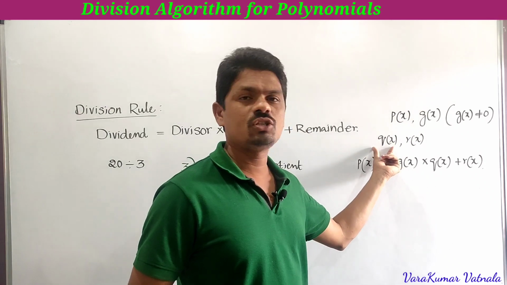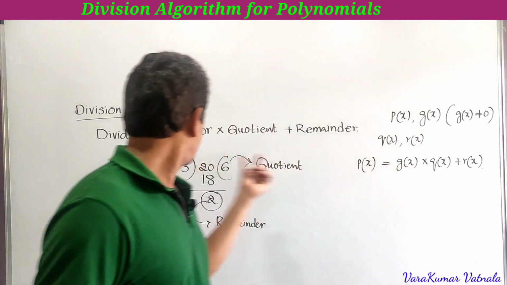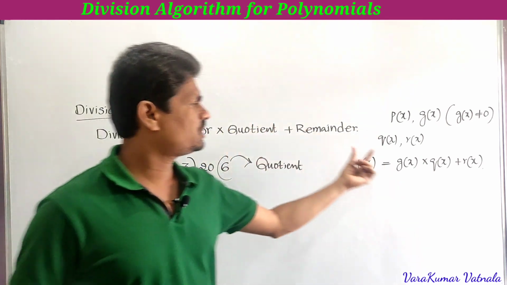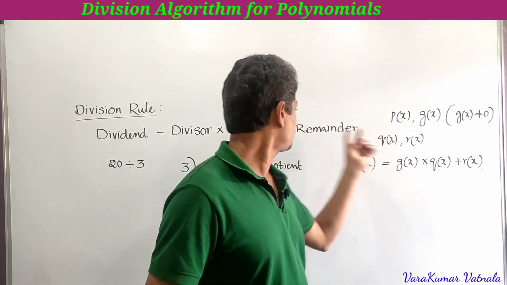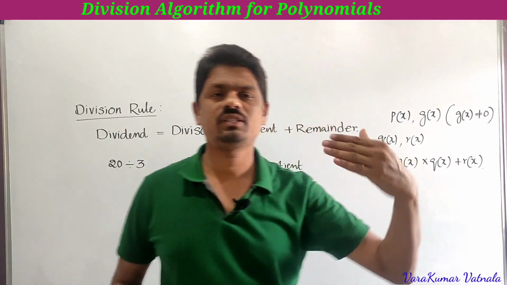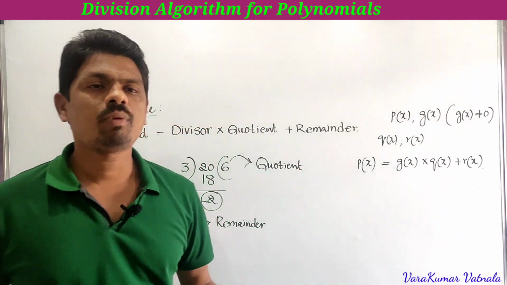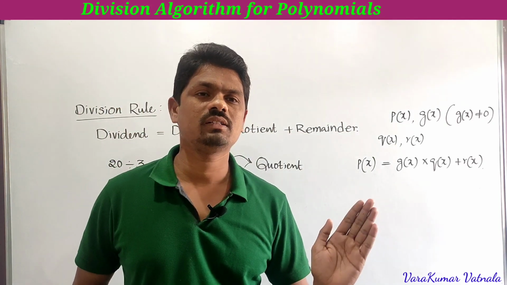Here q of x is the quotient, r of x is the remainder. Then we can write p of x is equal to g of x into q of x plus r of x. So we can apply the division rule to polynomials.